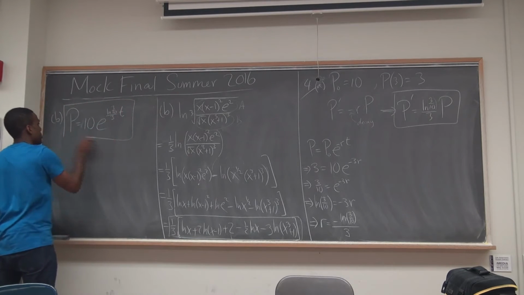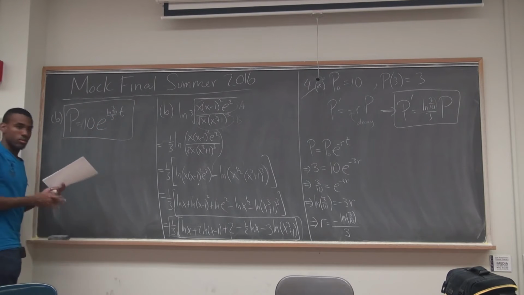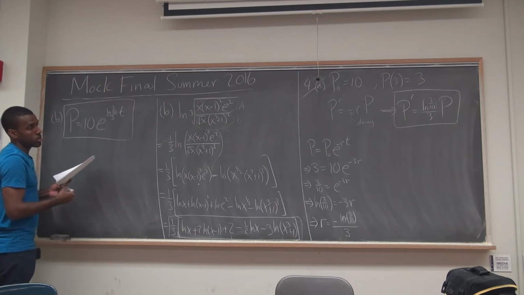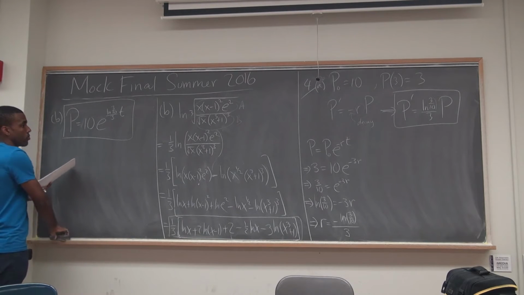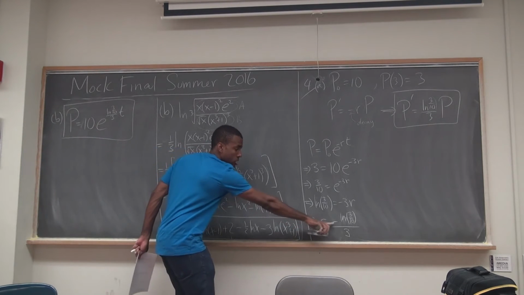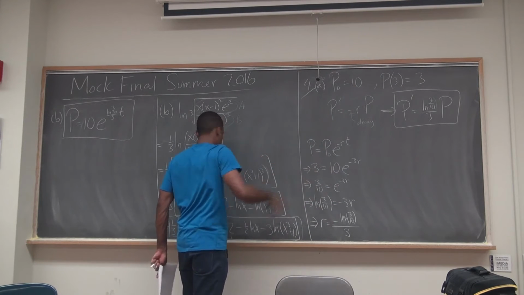I leave it there. You could simplify by rewriting this, but I don't care. It's not negative, because ln of 3 over 10 is negative. Your r already has this negative sign here, so when I plug it in, it kills it.